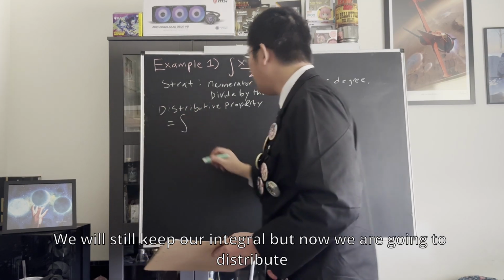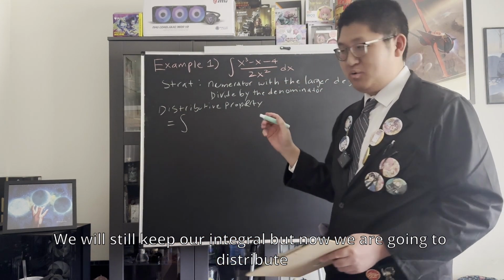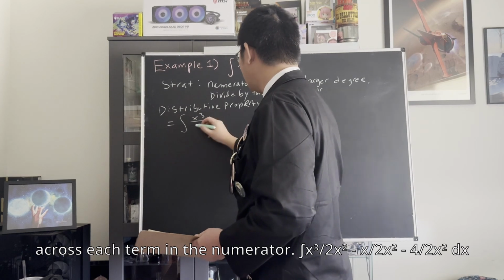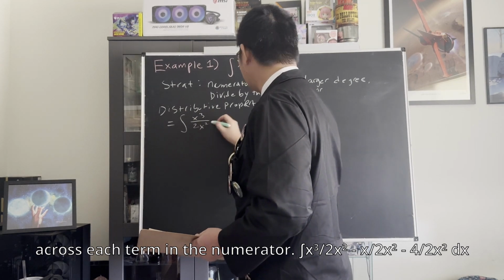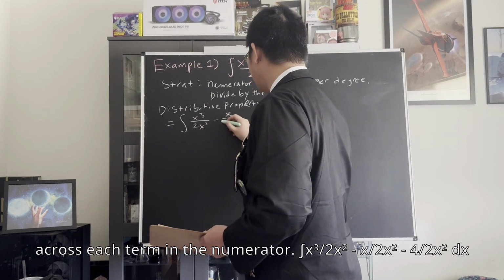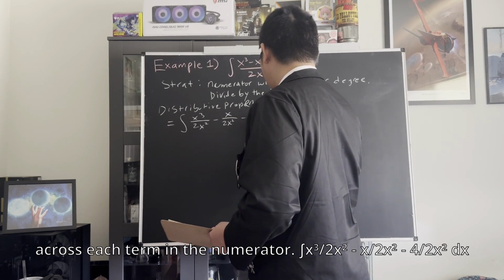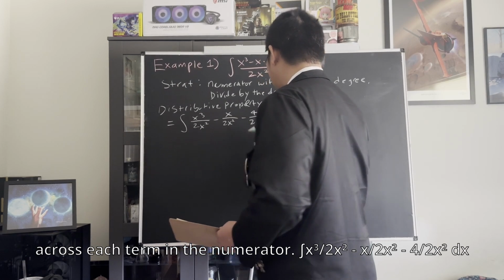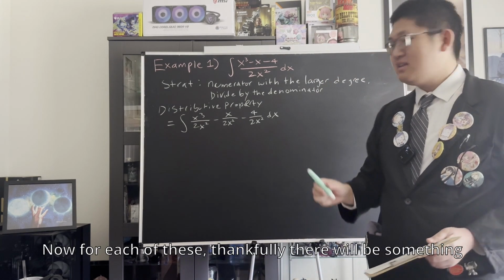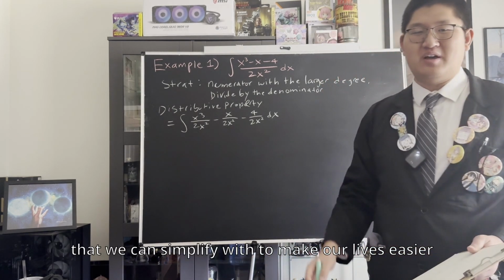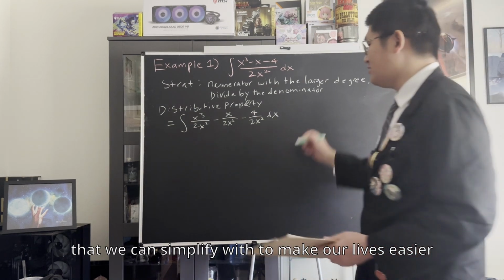We will still keep our integral, but now we are going to distribute across each term in the numerator. x cubed over 2x squared minus x over 2x squared minus 4 over 2x squared dx. For each of these, thankfully, there is something we can simplify to make our lives easier.